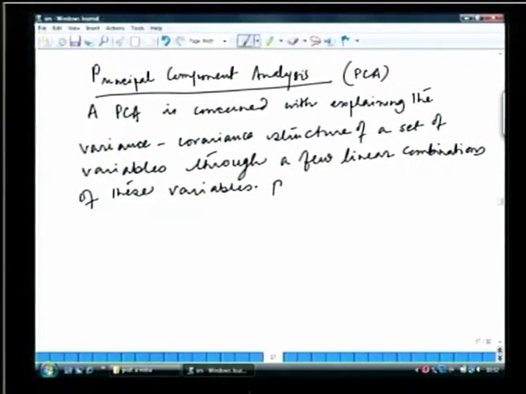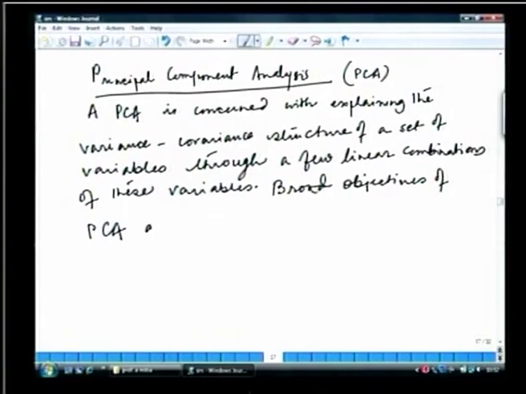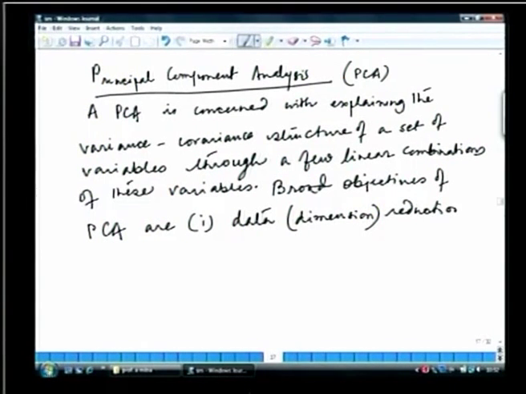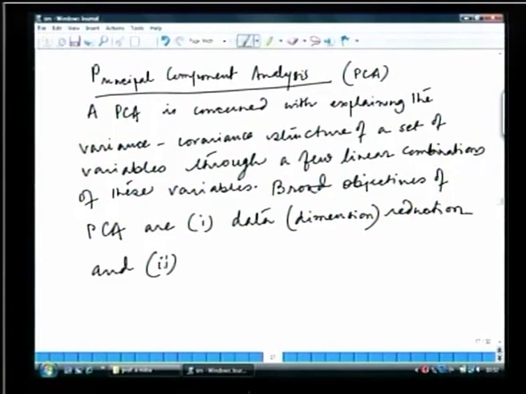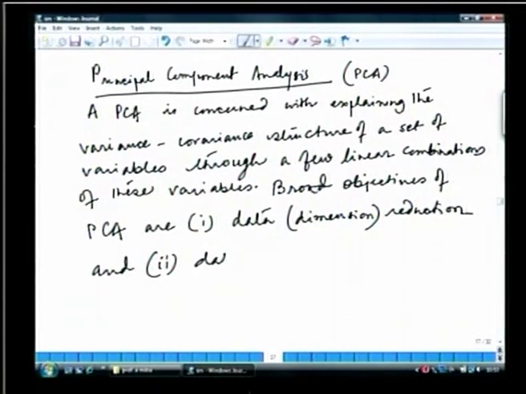Why do we do a principal component analysis? So, the broad objectives of PCA are, the first one is data reduction, rather we should say data dimension reduction. And the second one being data interpretation.